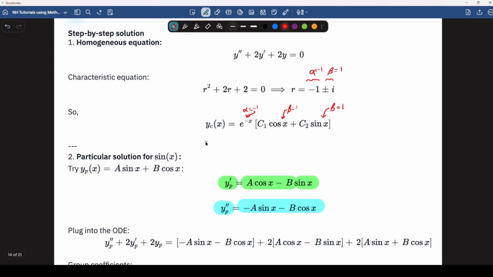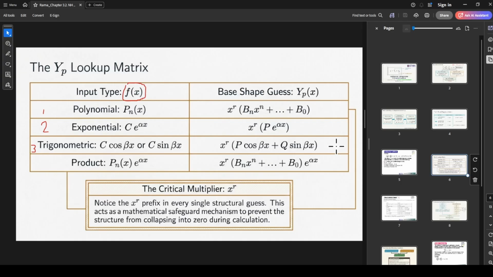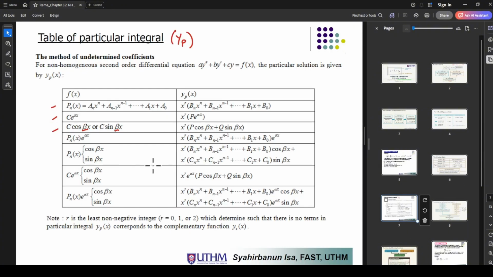So yp equals x to the power of r times a sine beta x plus b cos beta x. We don't use any of the alpha.